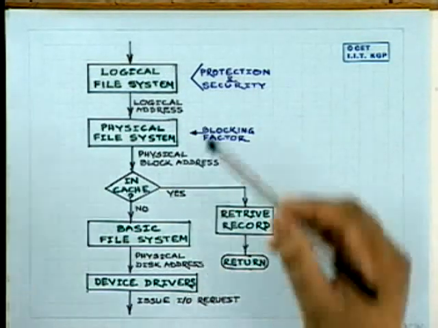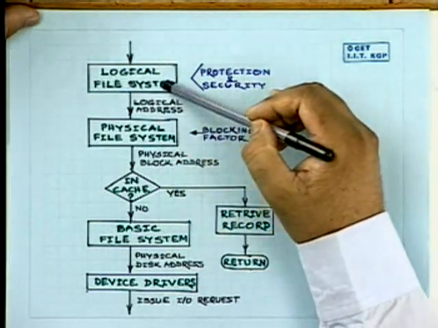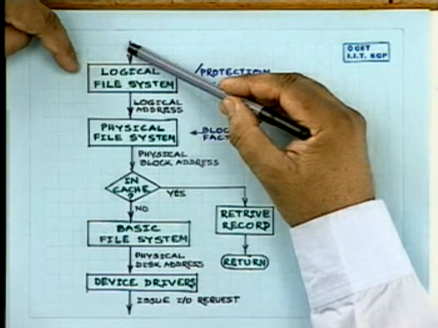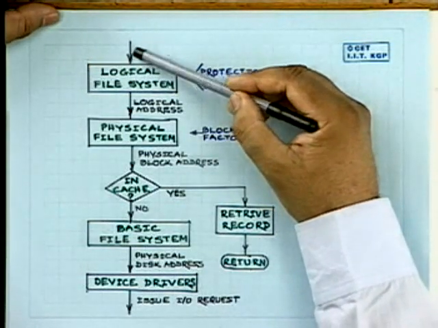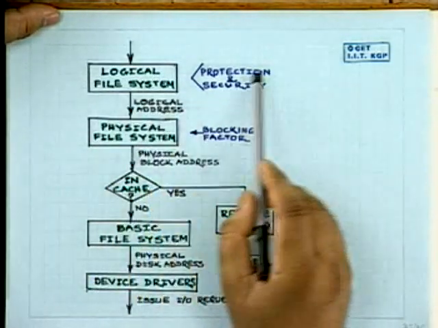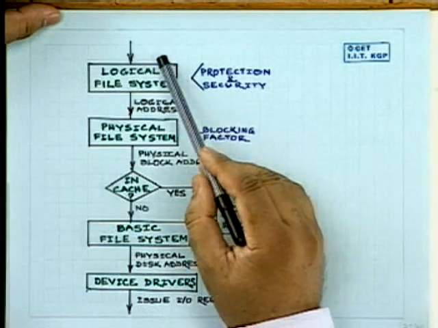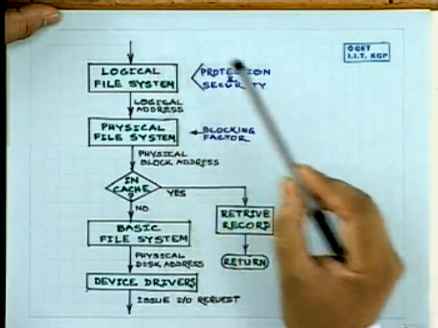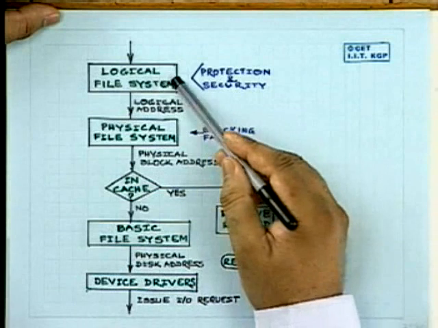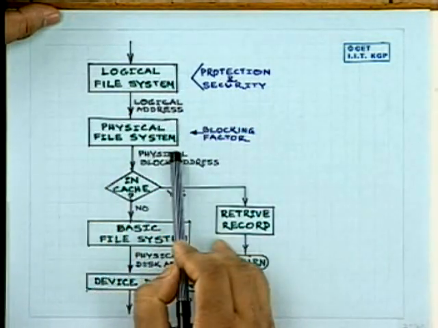This consists of submodules, such as the logical file system, to which the request to read a particular logical record is given. The logical file system checks the protection and security, whether the access that is requested is permitted or not. If so, then the logical address is passed on to the physical file system.